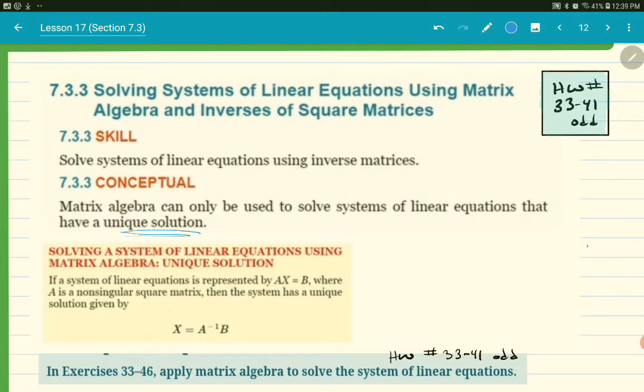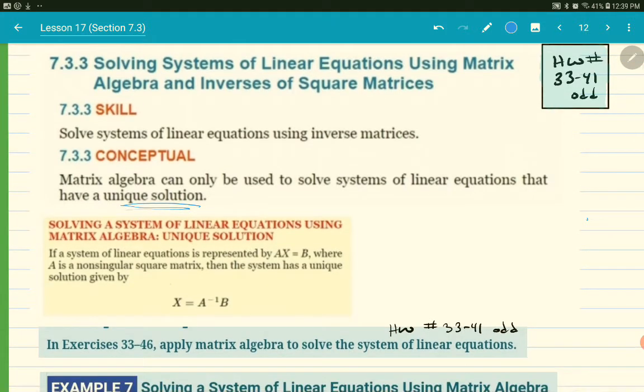All right, so solving a linear system using matrix algebra, if we have our system that looks like the coefficient matrix times the variable matrix equals the constant matrix, then I can solve that. I'll leave some space here.